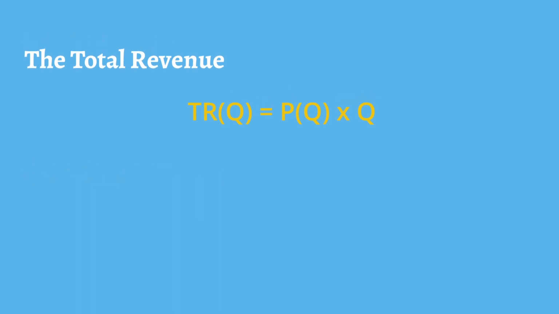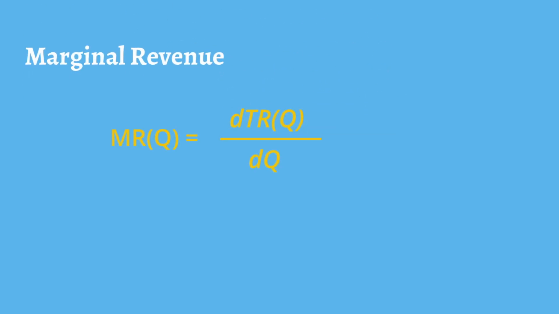The total revenue can be expressed as TR equals P times Q. Given that the market demand is P equals 24 minus Q, we can substitute the expression of P into the total revenue, or TR function, and that gives us TR equals 24 minus Q, then multiplied by Q. Simplifying the expression gives us TR equals 24Q minus Q squared. And so the marginal revenue is MR equals dTR over dQ, which is 24 minus 2Q.